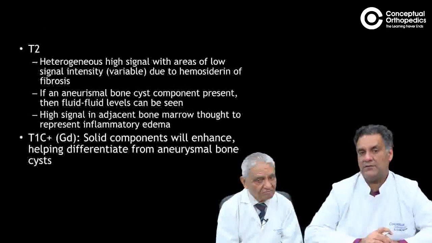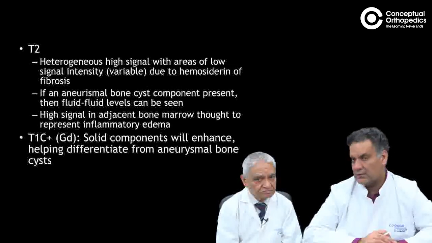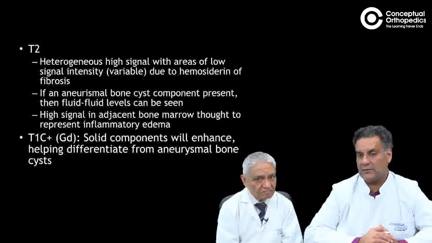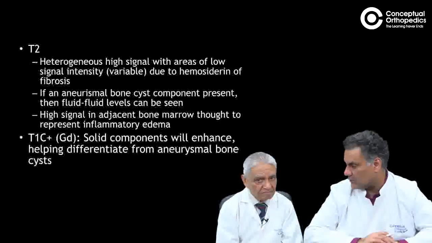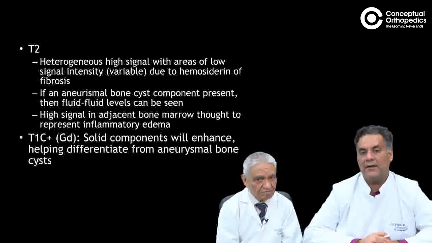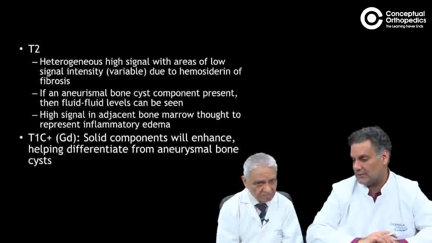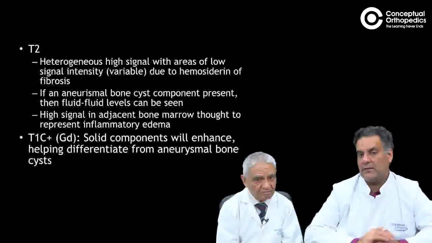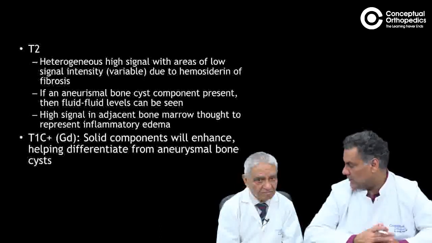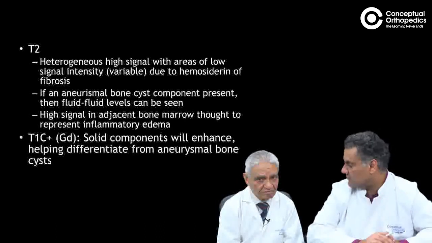In the T2 image, you will have a heterogeneous high signal with areas of low signal due to hemosiderin and fibrosis. If an ABC exists, then fluid levels can be seen because there will be compartments in it. High signal in adjacent bone marrow is thought to represent a reactionary inflammatory edema. Solid components will enhance, which will differentiate from an ABC in the T2 images.